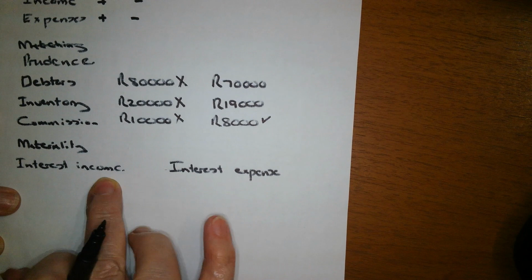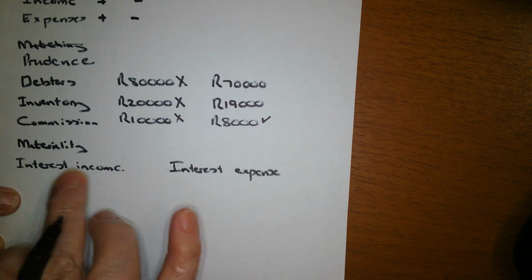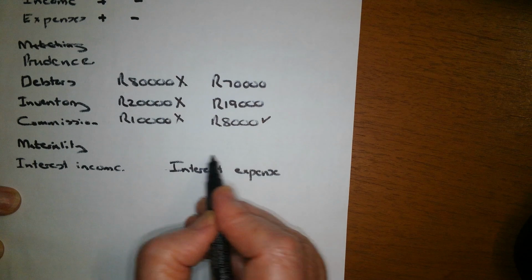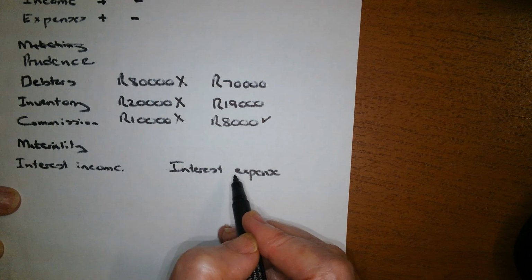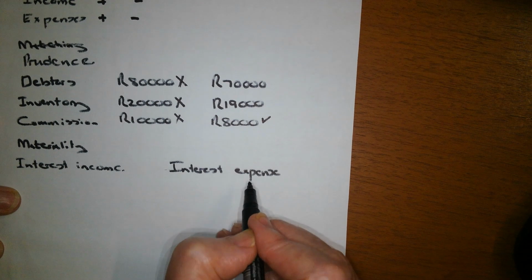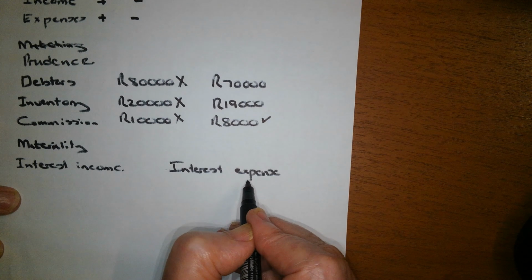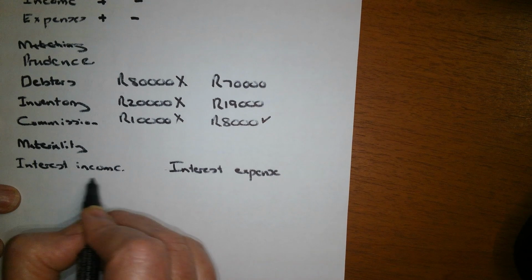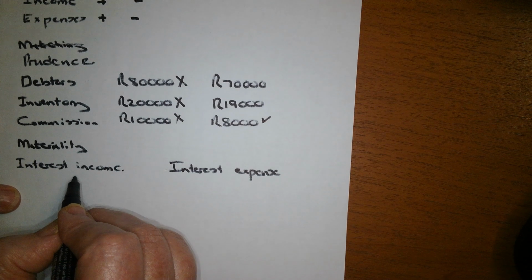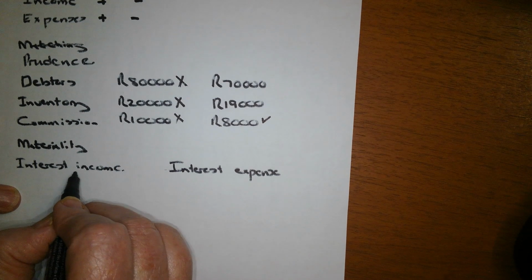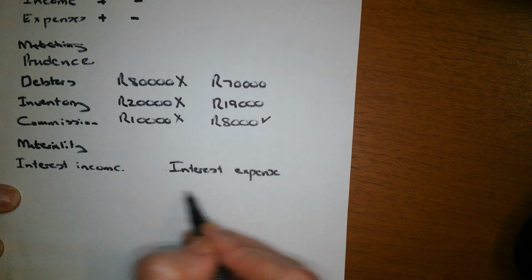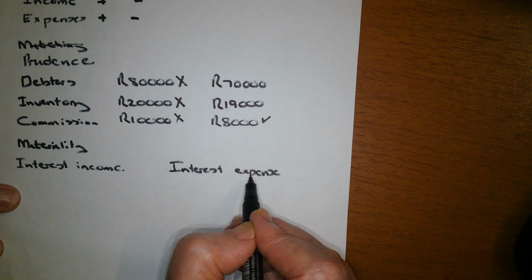I can't go and put this in one account and play them off against each other, because in my income statement I must show what was the total expense for interest to be able to make the profit that we made, and we have to show what was the income that we earned out of our fixed deposit to determine was it worthwhile having this money on a fixed deposit where I actually paid interest expense.